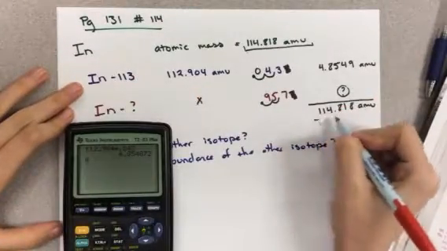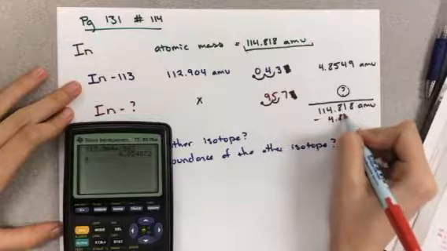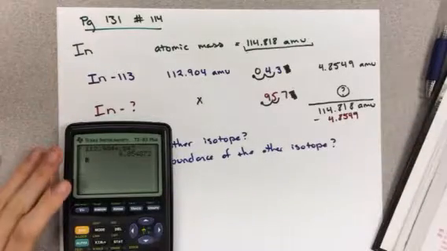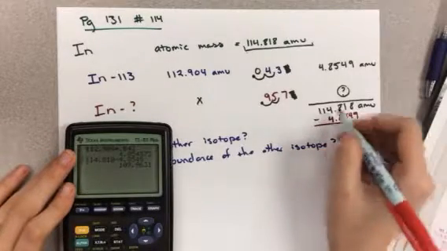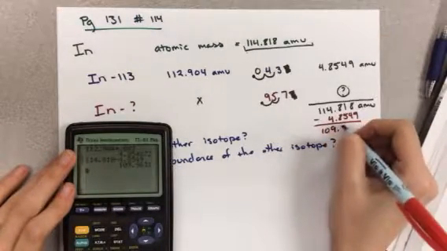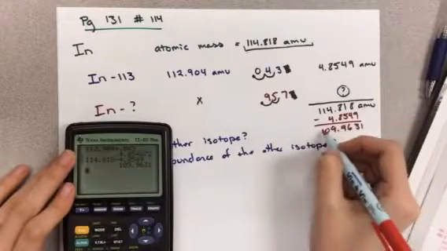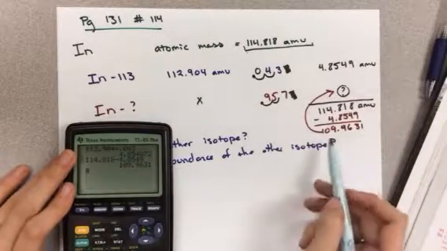So 114.818 minus 4.8549 is not something I'm going to do in my head. 114.818 minus 4.8549, and we get 109.9631. So that's this right here.